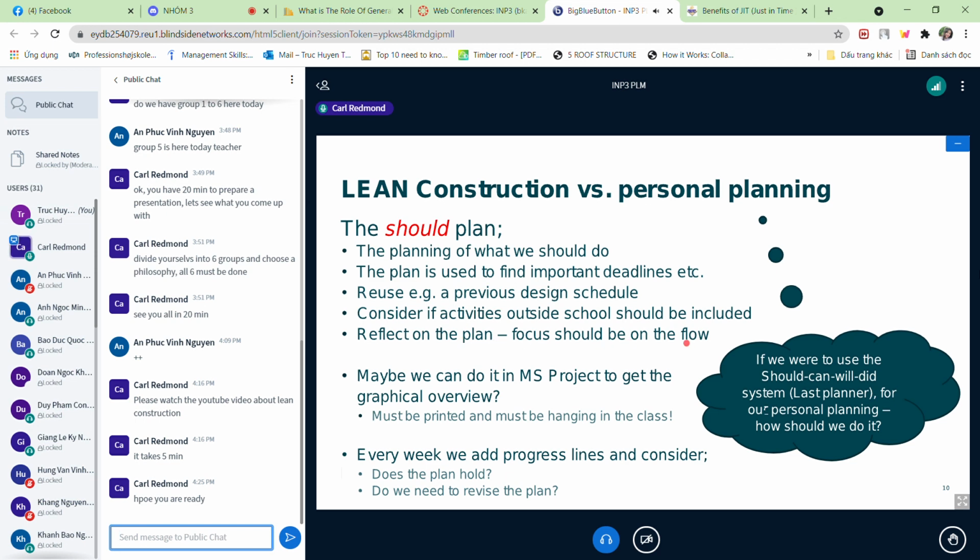Focus should be on the flow. Maybe we even do it in Microsoft Project to get this graphical overview. And of course, if you use Microsoft Project, we'd like you to have it printed and hanging in the class so we can look at it and use it. And every week add the progress lines and consider, does the plan hold your general ideas, or do you need to revise the plan and make some changes?